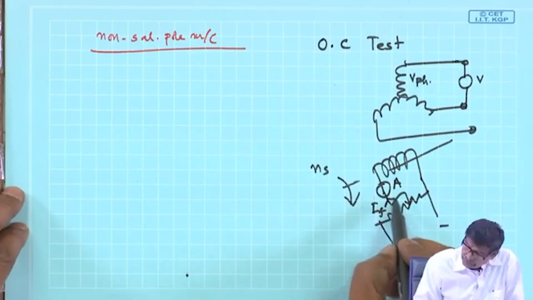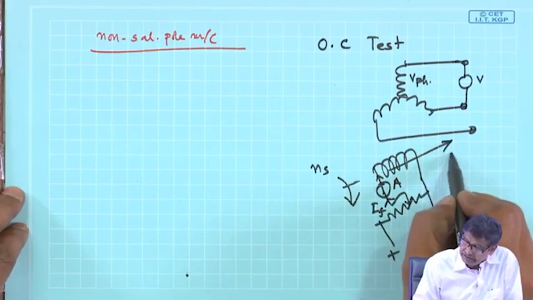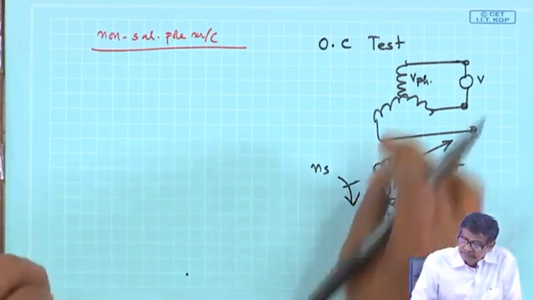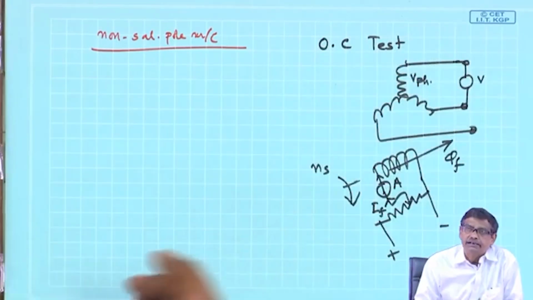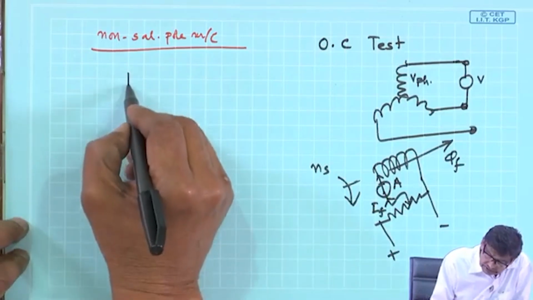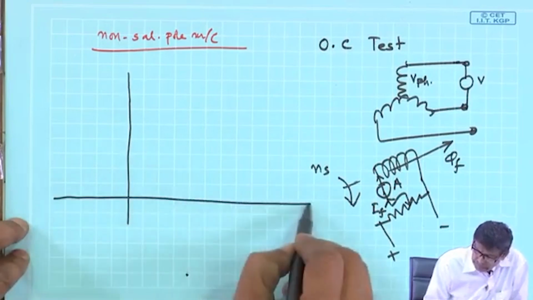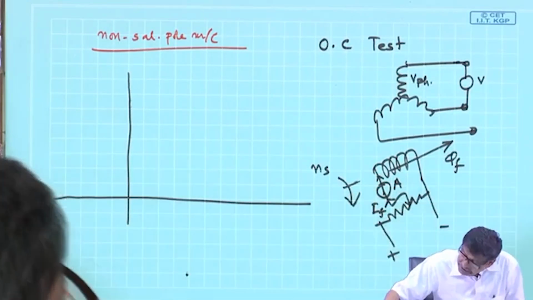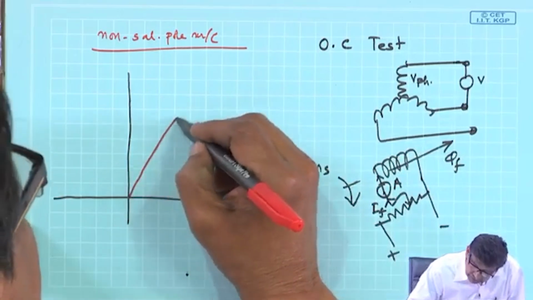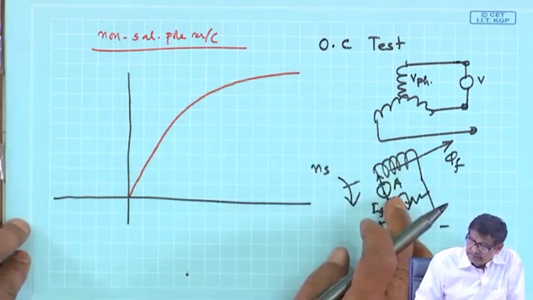Now, if you go on changing the field current, which decides the flux phi f, the induced voltage will increase. How will it increase? Initially you will find it is almost linear, and then saturation will take place.